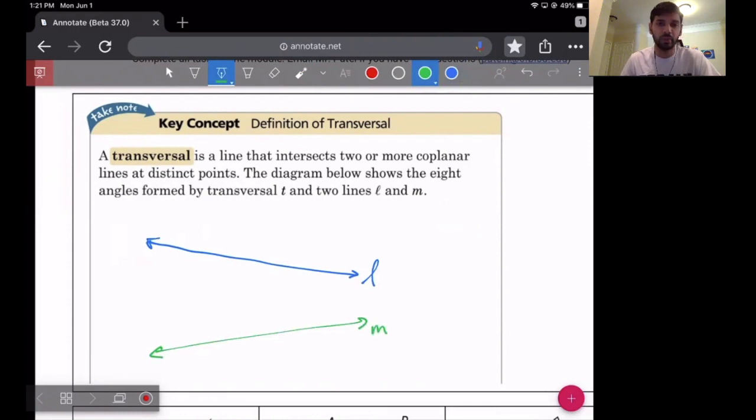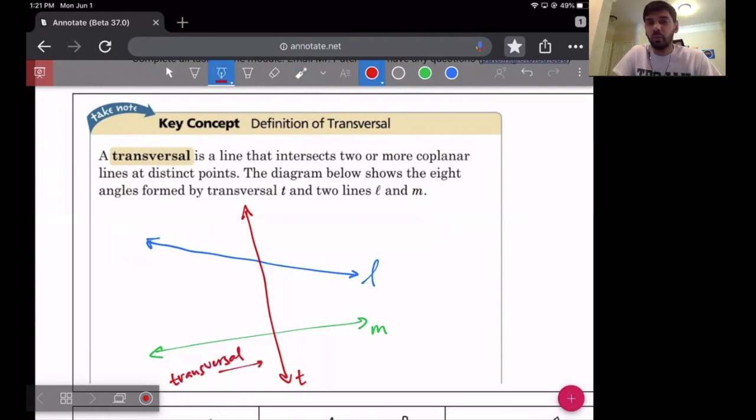There's M. Okay, so there's lines L and M. There's two random lines. Now a transversal is any line that cuts through two other lines, or it could be more than two, but in this example, we'll just do two lines. So I'm just going to draw another line going across like that. So this guy right here, line T, the red one, that's called the transversal. It goes across the other two lines. So I'll just label that right here. This guy is the transversal.